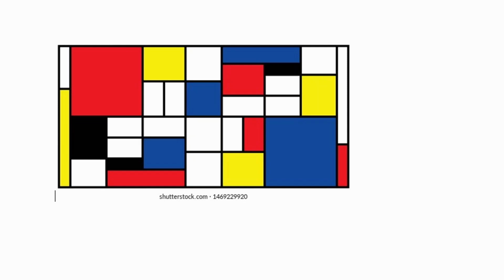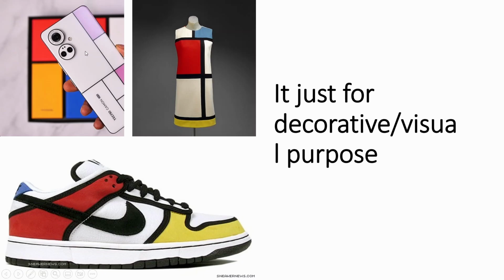Let me show you this. This is the famous art from a Dutch artist, Piet Mondrian. His famous artwork is simplistic and uses primary colors, and we can see it used in a lot of applications today, with Nike shoes, fashion, and even recently a phone that is inspired by the art.